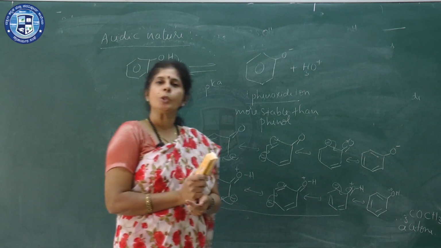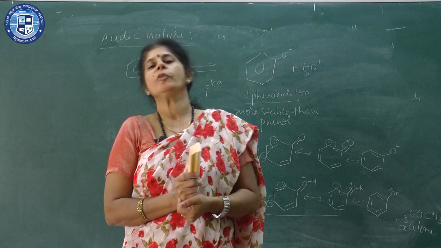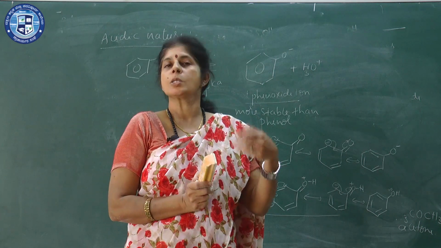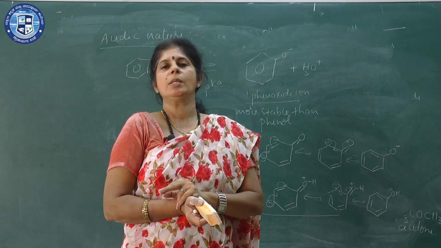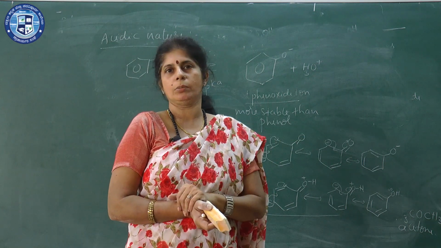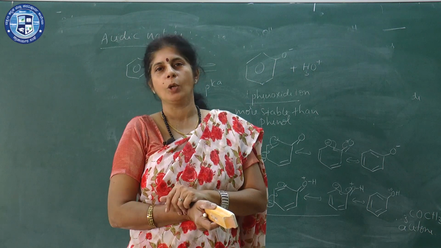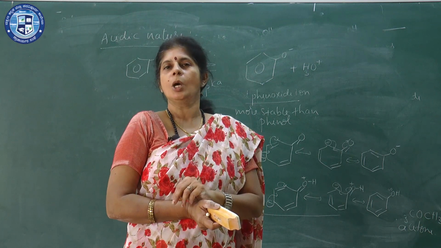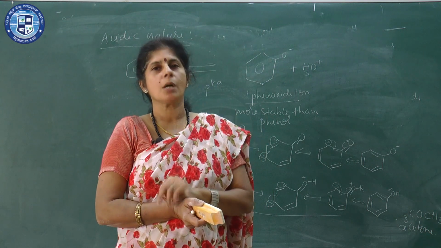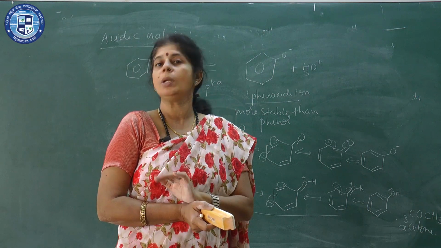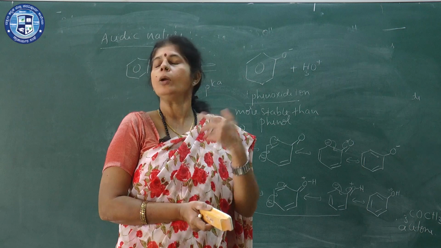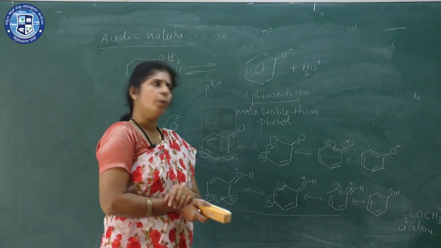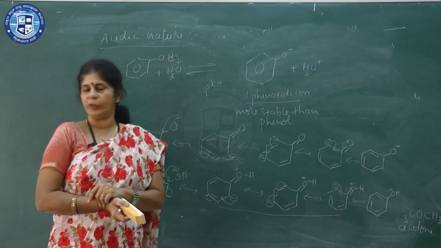Why does it donate a proton? Because the obtained phenoxide ion is more stable than phenol. That is explained by the resonance structures. In three structures of phenol, the oxygen atom carries a positive charge, which is not acceptable because oxygen is more electronegative. Therefore, phenoxide is more stable than phenol.